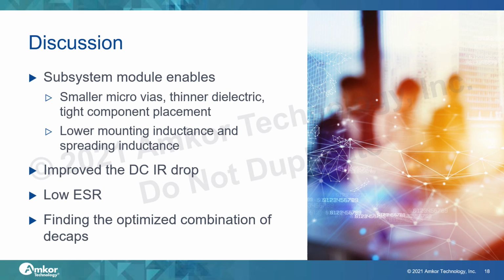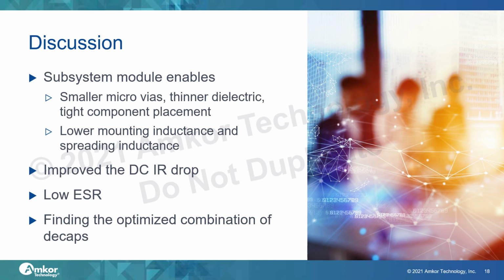The subsystem module improved the DC-IR drop result because it enabled a shorter electrical path from PMIC to AP chips than the DSCP model. The impedance profile with decap variant at frequency domain was reviewed. It showed a combination of decaps managed to lower peak impedance.